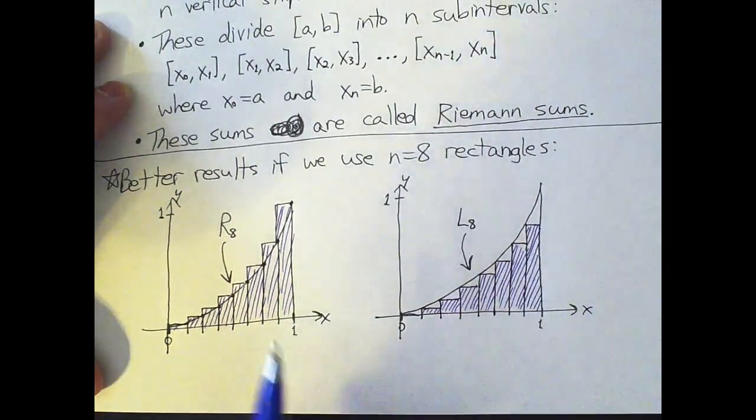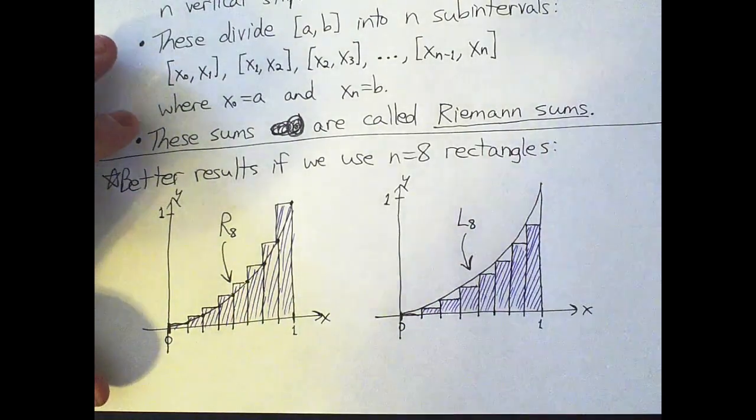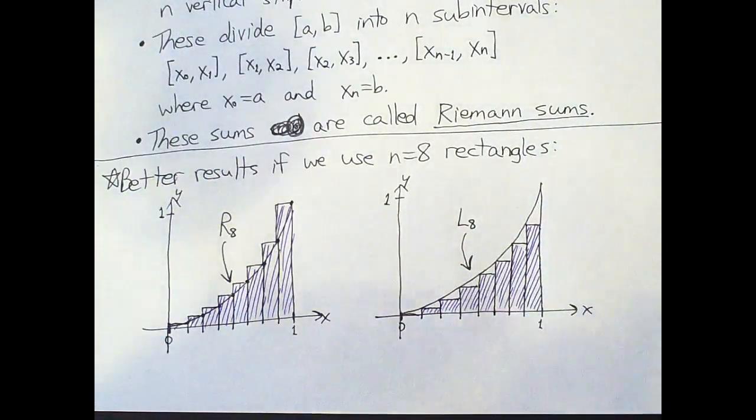Since one of them is an overestimate and one of them is an underestimate, take the average of them, right? So I'm going to tell you what happens if we had done that, because I worked it out.